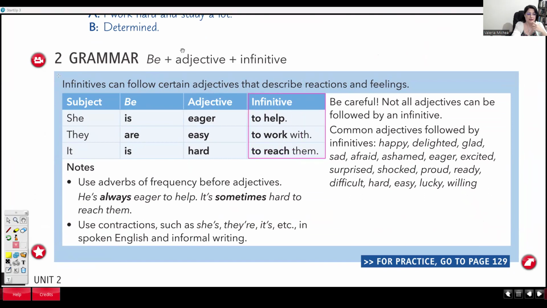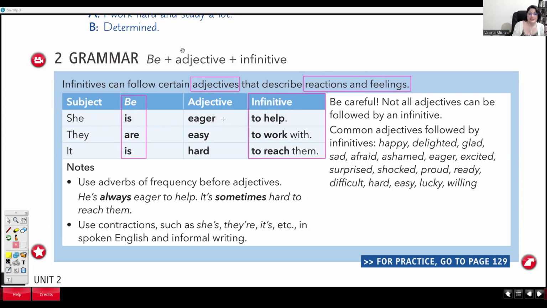So here we have that infinitives can follow certain adjectives that describe reactions and feelings, or as I said, behavior or states sometimes. So you are going to use the verb to be to describe. For example, you are going to say, she is eager to help, like she has a lot of attitude.